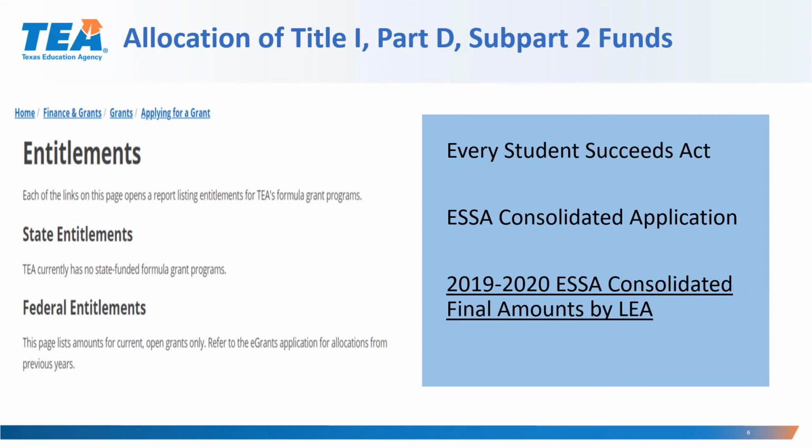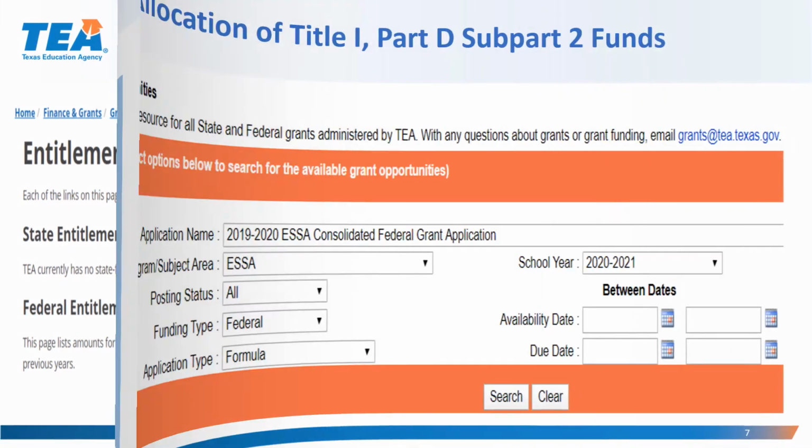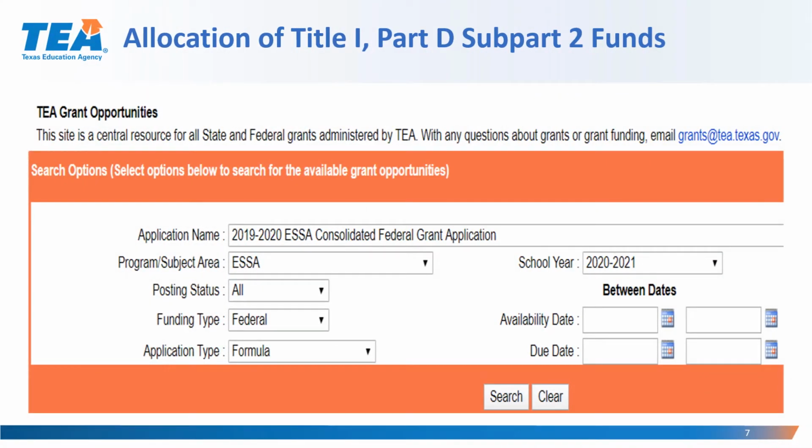Entitlement amounts for the current school year for these and other grants are available on the Grants Administration Division webpage. Local education agencies may apply for funding through the ESSA Consolidated Federal Grant Application that is available in the eGrant system.